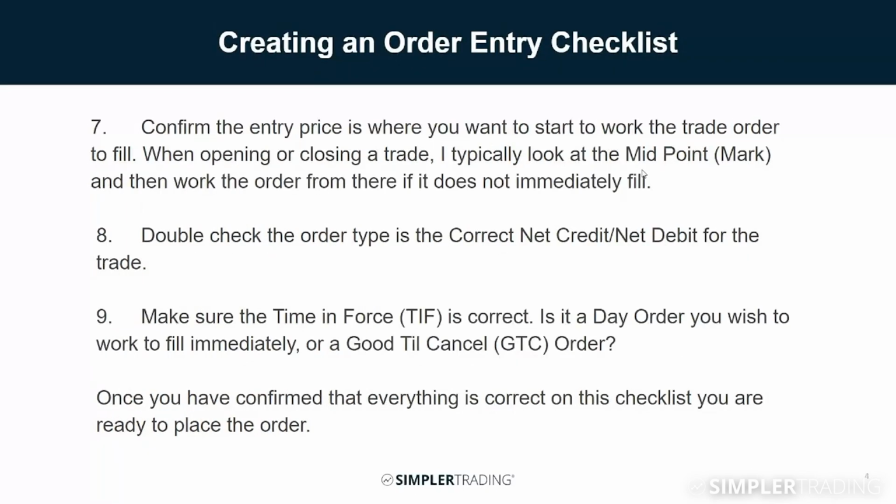But if for some reason I looked over that, then the correct net debit, net credit for the trade should also confirm that as well. So I hope that was pretty self-explanatory. I don't know if there will be any questions around that, but that is what I do whenever I go through my order entry checklist. If I have those things confirmed, then I know the trade is good to go.